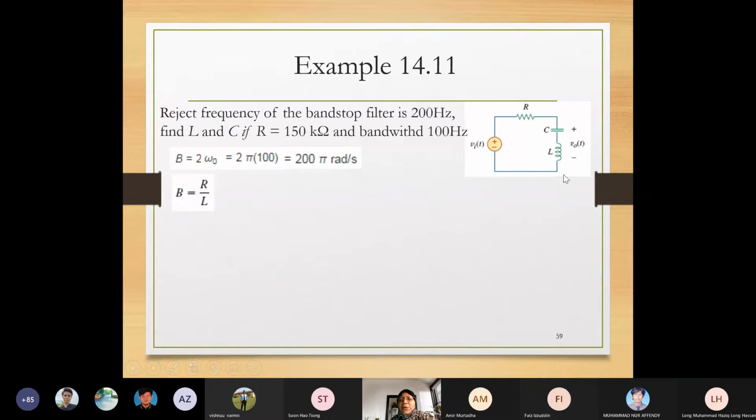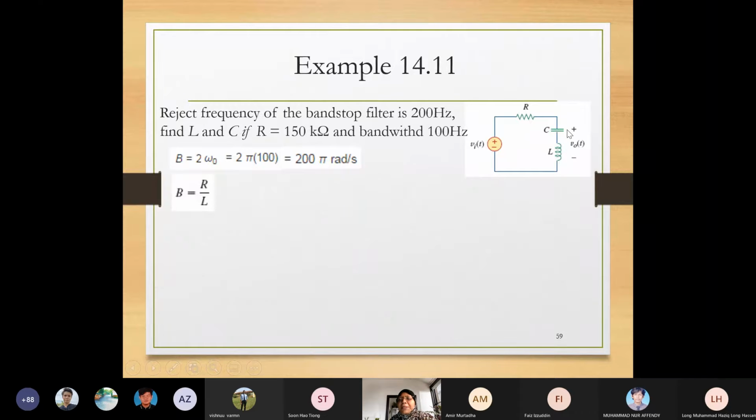When you measure across, remember I mentioned the determination of the filter depends on where you measure the output. For a series RLC circuit, if you measure across the resistor, you are going to get a low pass filter.